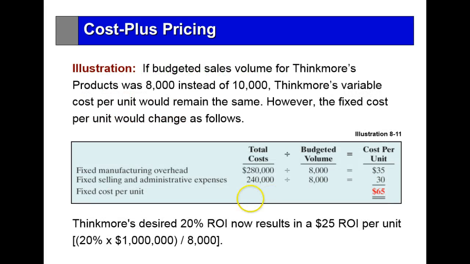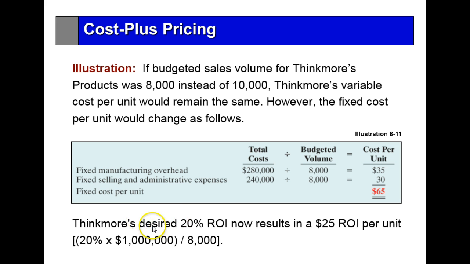Let's take an example here. If budgeted sales volume for Thinkmore's products was 8,000 instead of 10,000, Thinkmore's variable cost per unit is going to remain the same. However, the fixed costs are going to change. As you can see, now our fixed costs are going to go up to 65 bucks per unit.